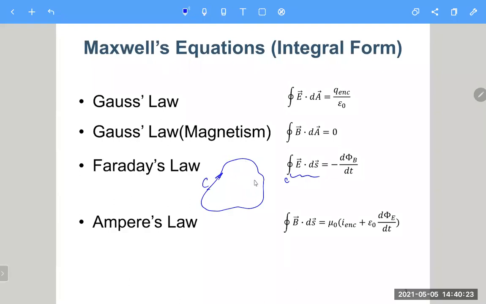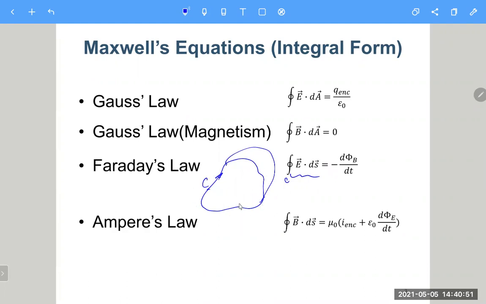It doesn't necessarily have to be a plane. It can be a curved surface, maybe something like this. I don't know how to draw it properly. The only constraint is that this surface should be bounded by this path.